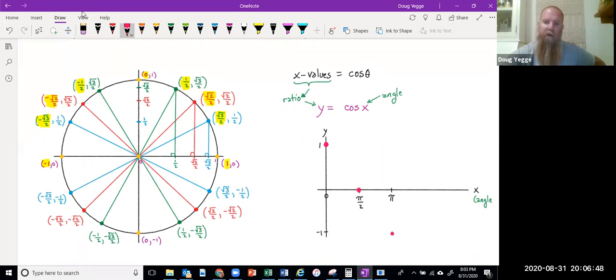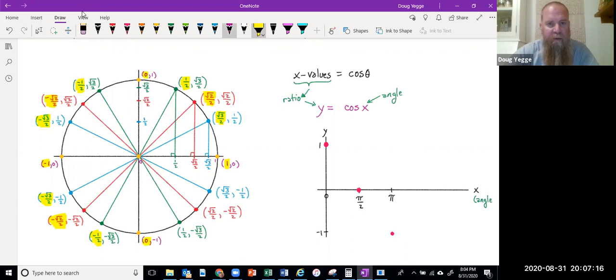Now you may think, well, it looks like this is now just going to be some sort of line. But notice that just like sine of x ended up curving because of the fact that these were changing at different rates as we were moving around the circle, I should now realize that as I continue to increase the angle from pi to 3 pi over 2, my x values continue to get larger again now.